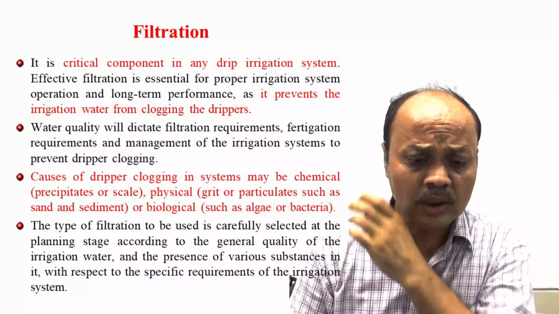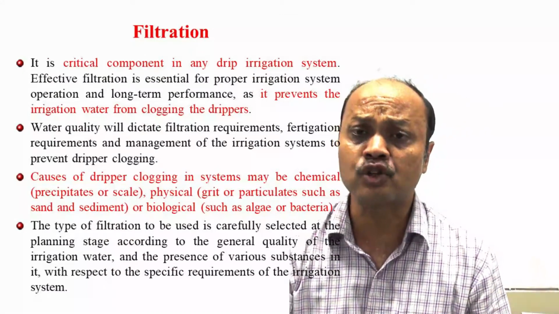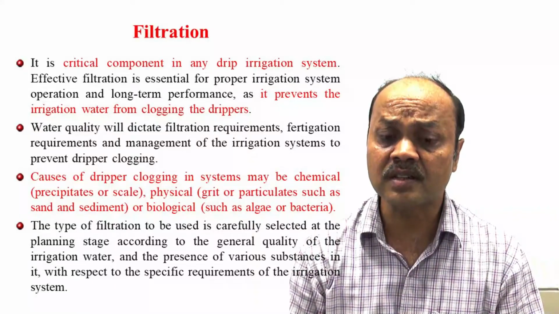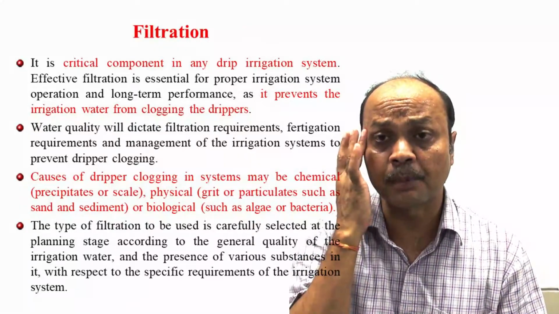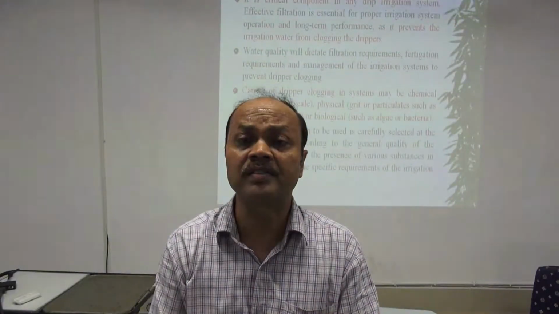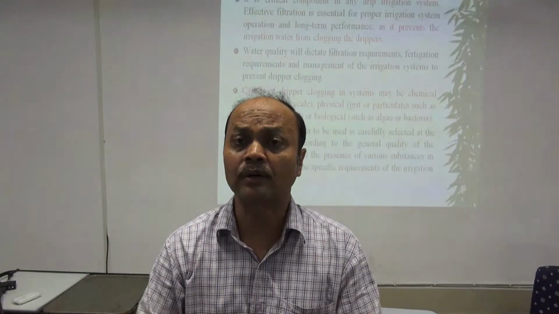As I told, there are various types of filtration, because whenever you are running your irrigation system, filtration is very essential depending upon the water source. If it is groundwater, the filtration system may be different, but if it is an open water source, your filtration system will be different.